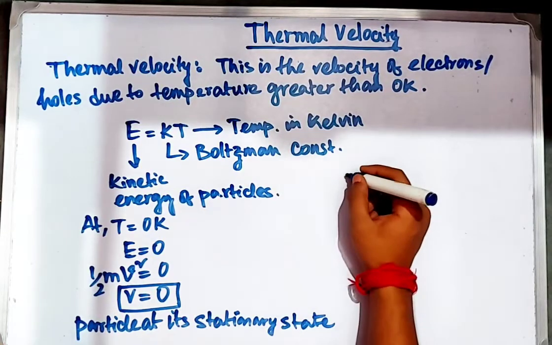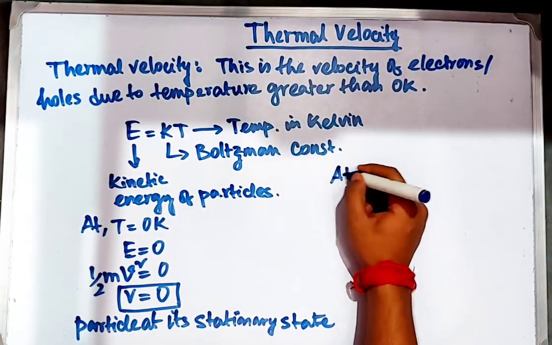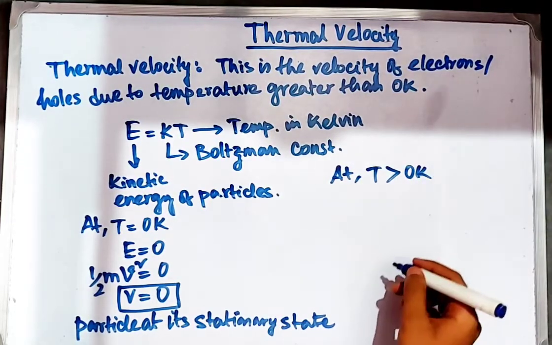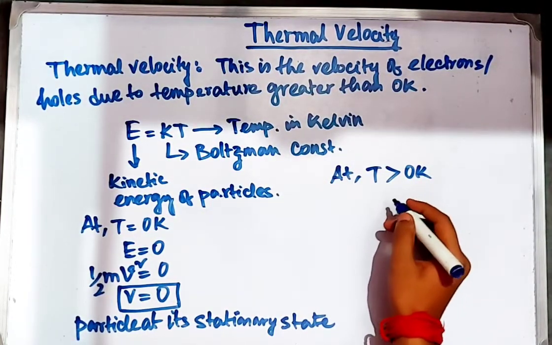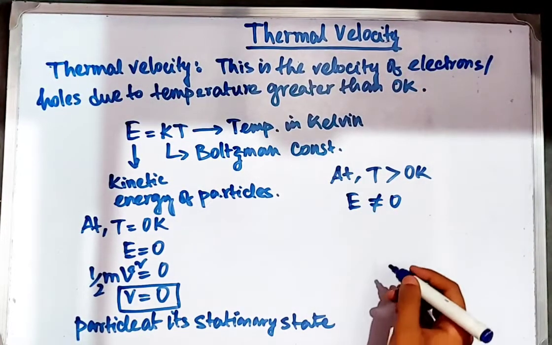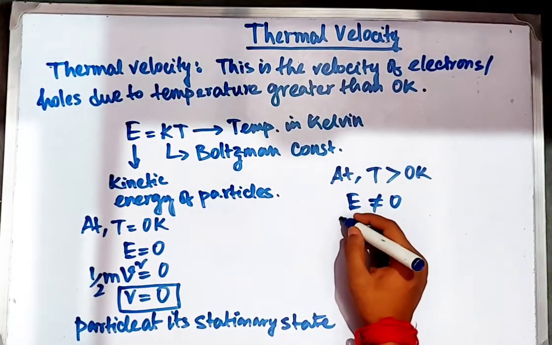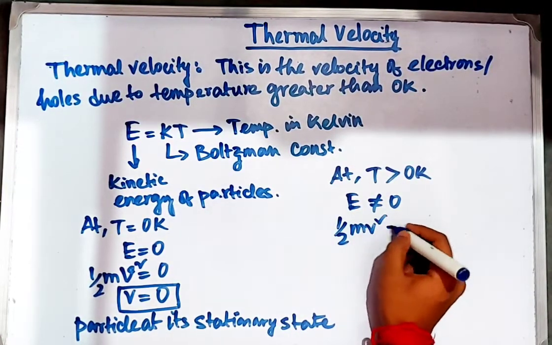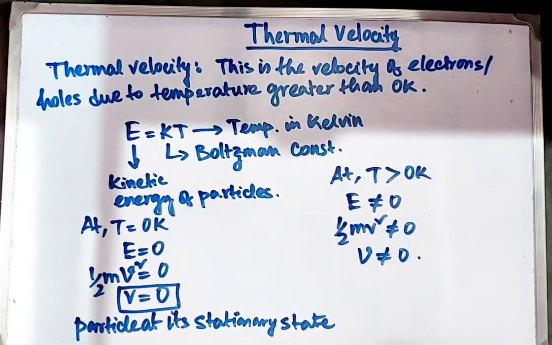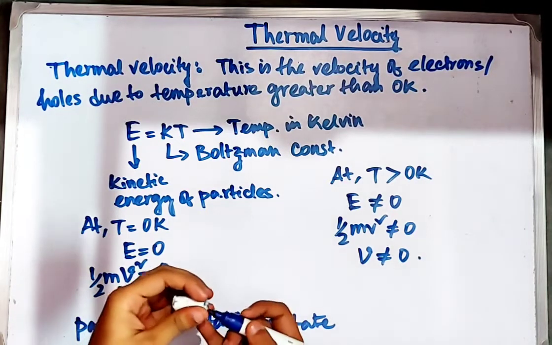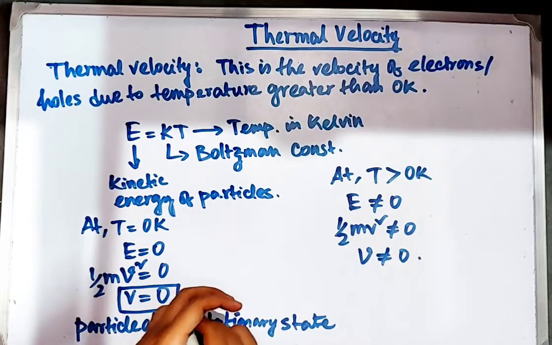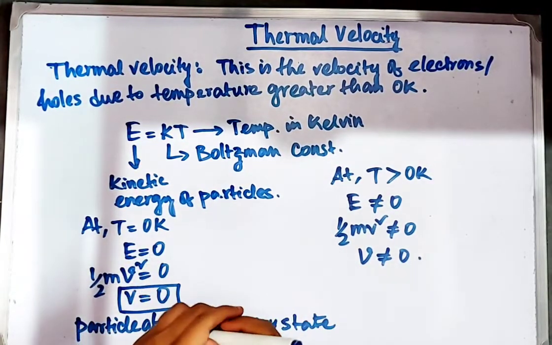But at any temperature which is T greater than 0 Kelvin, then E is not equal to 0. That means half mv square is not equal to 0, that means v is not equal to 0. This means the velocity of electrons and holes due to the temperature greater than 0 Kelvin is the thermal velocity.